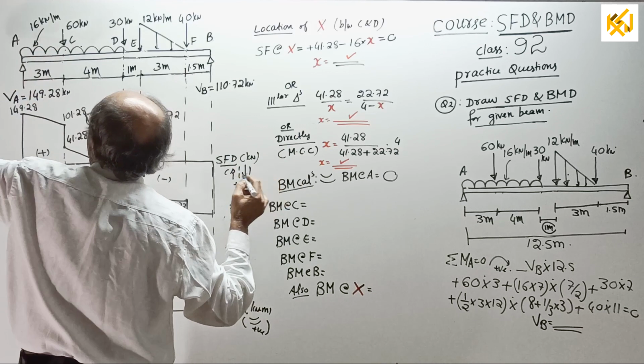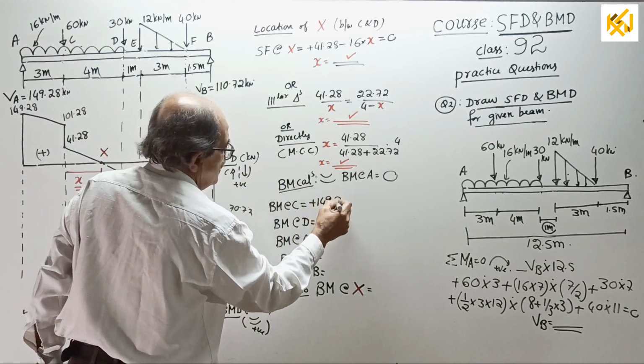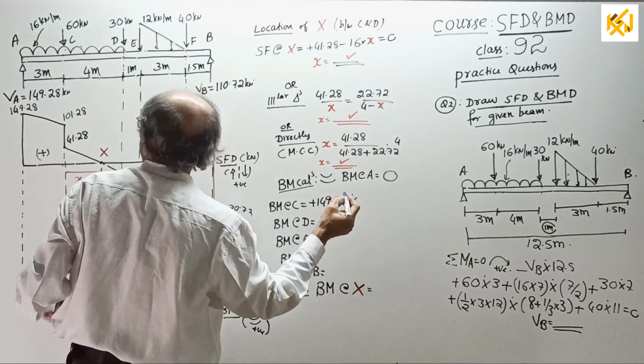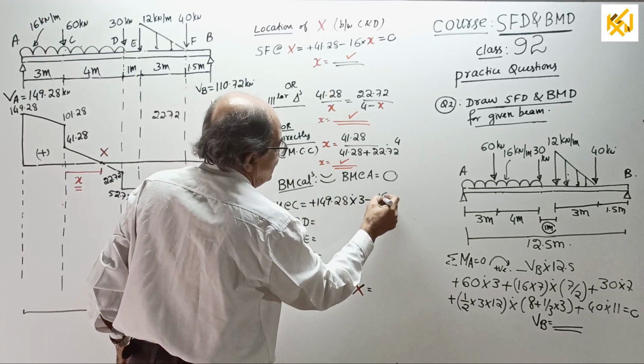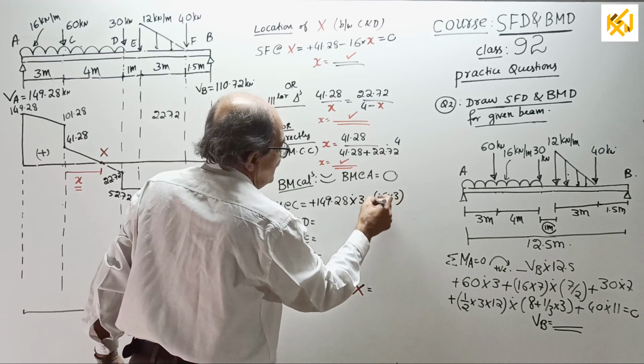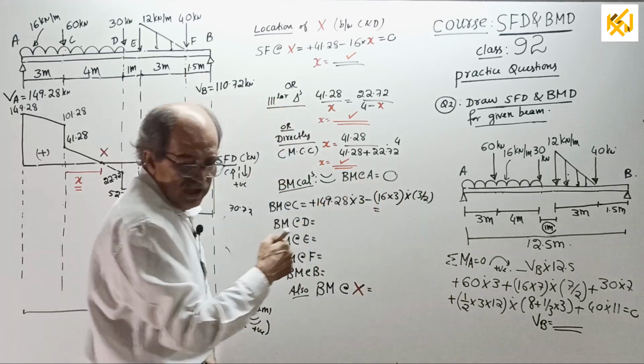BM at C. Look this side. Plus 149.28 into 3 minus 16 into 3 into 3 by 2. You calculate. I will enter the value here.